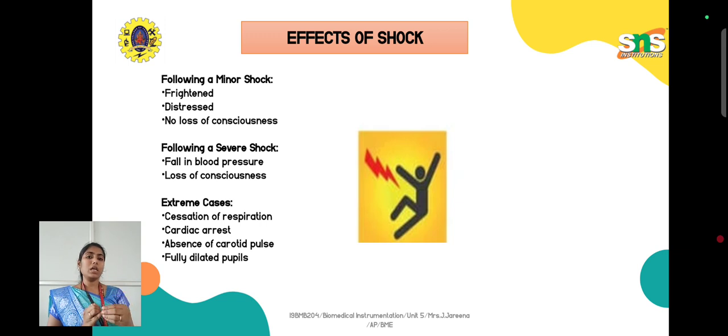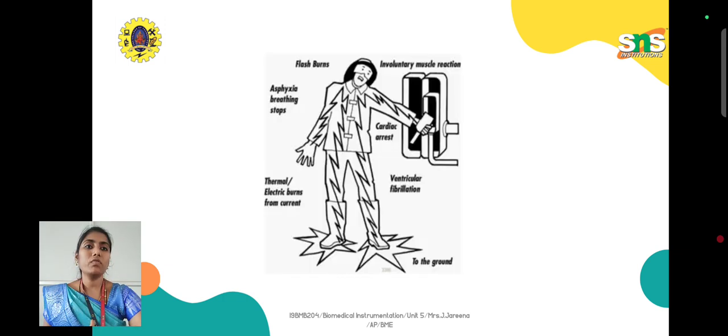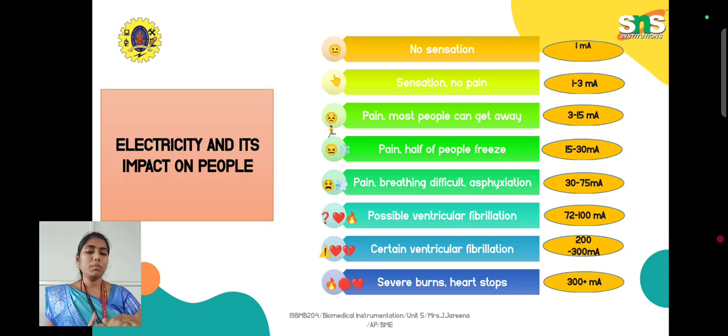For example, in that case the patient may have stoppage of breathing, that is cessation of respiration. The patient may have a cardiac arrest, or not have a carotid pulse. The person will not have pulse sensation, and they will also have fully dilated pupils. So these are the different effects of shock you can notice in the patient.